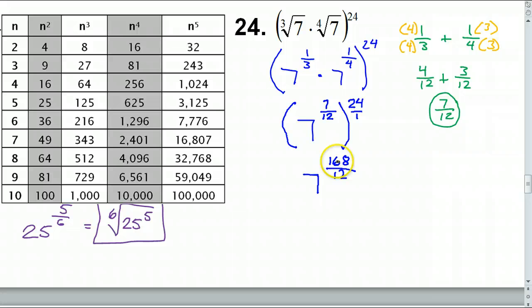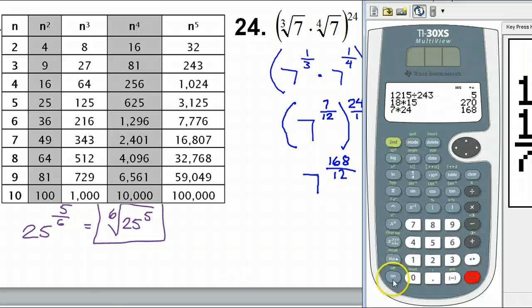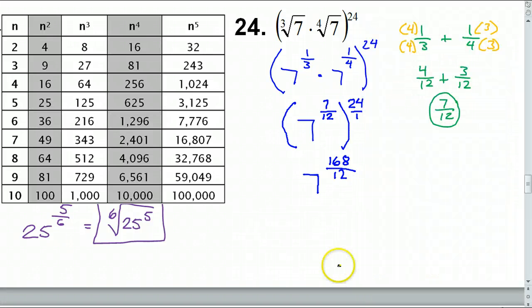And then you hope to divide this in. So 168 divided by 12 is 14. So then you would get your 7 to the 14th power. Okay, and that's just going to be the final answer.